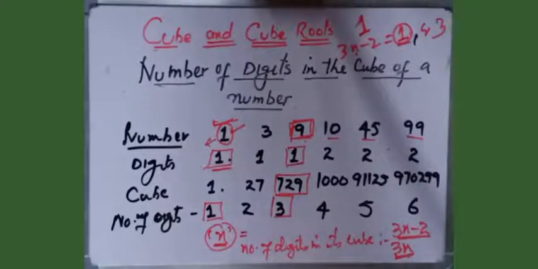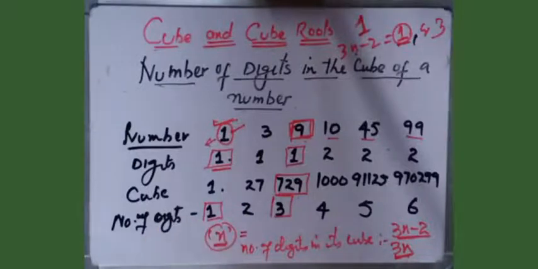So that means we cannot estimate the exact number of digits in the cube of a number, but we can make two guesses. Either we can guess the least number of digits in the cube of that number, or the most number of digits in the cube of a number.